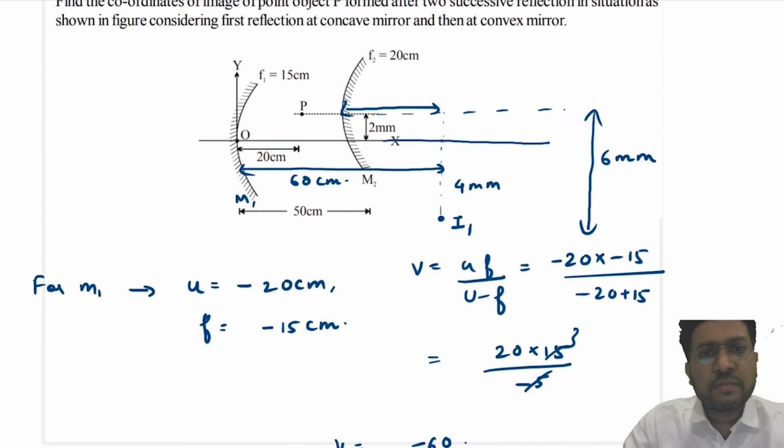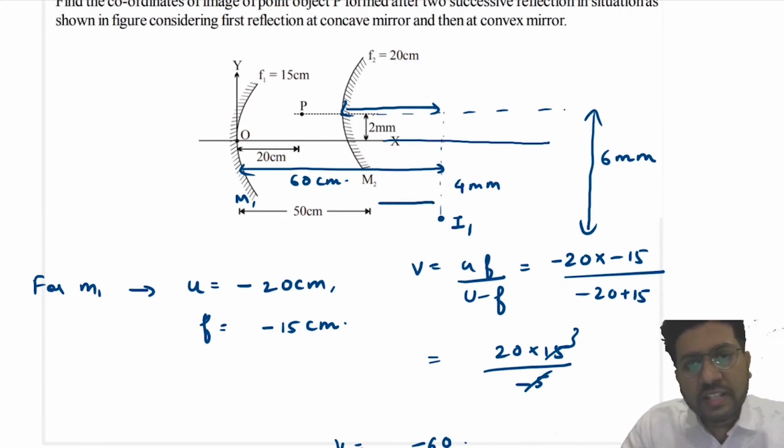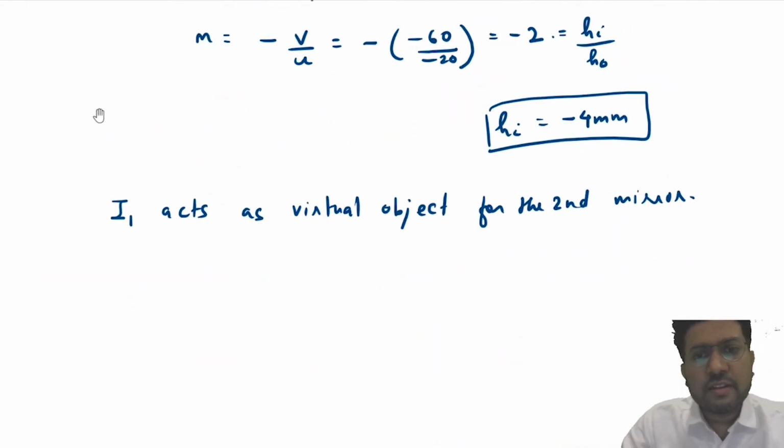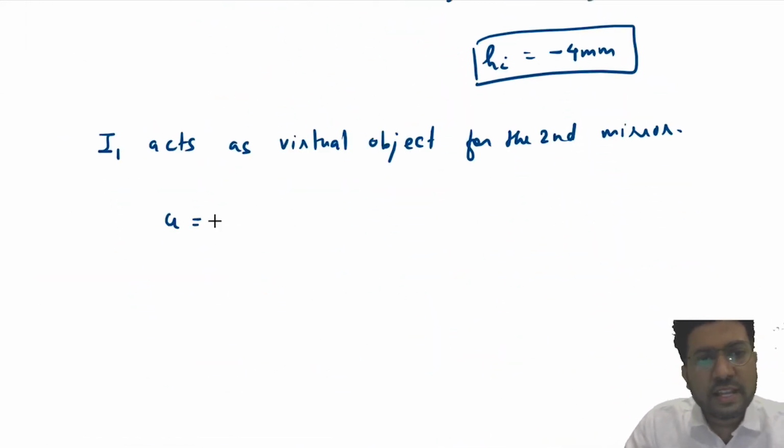You can see from the diagram it is a convex mirror, because light will strike on this part, right? So u will be equal to 10 centimeter. Why? Because this is 60, this is 50, so this is 10. f is equal to plus 20 this time because it is a convex mirror. So I'll write u is equal to plus 10, f is equal to plus 20.